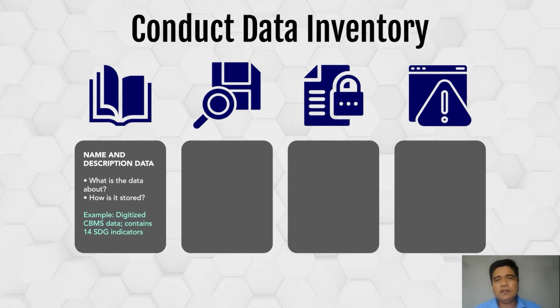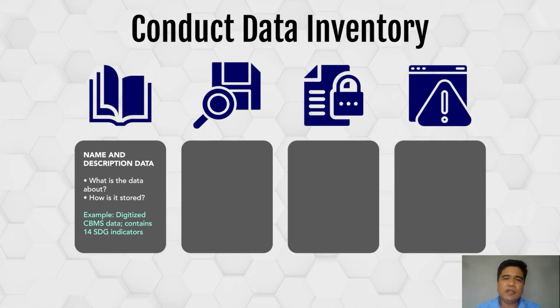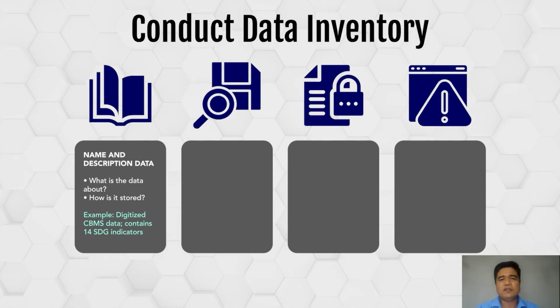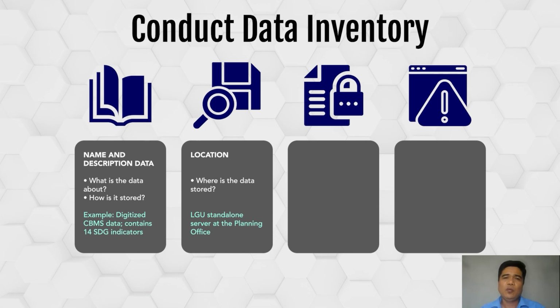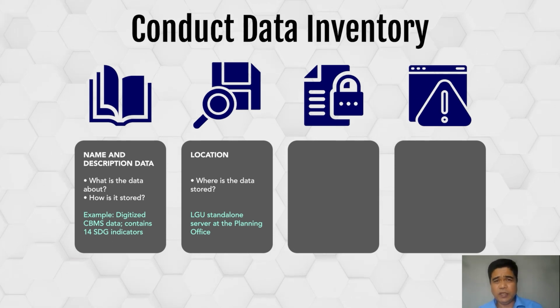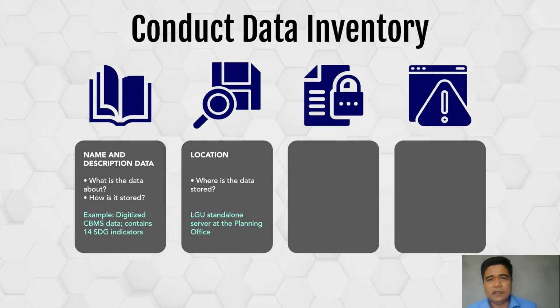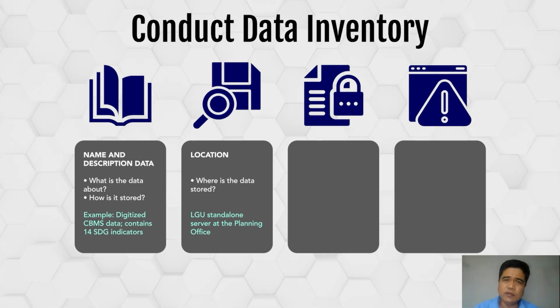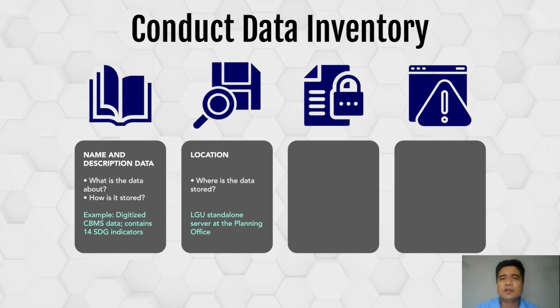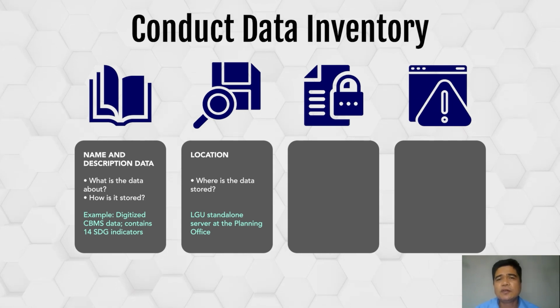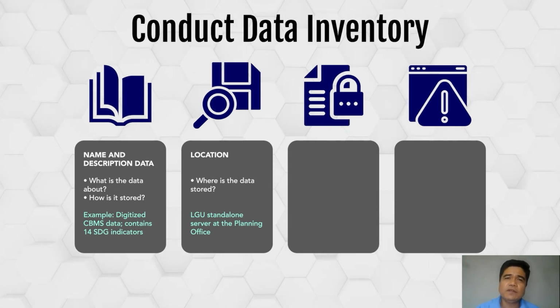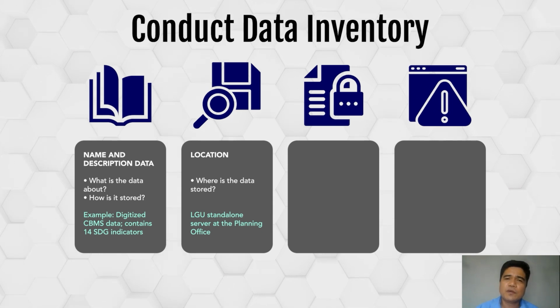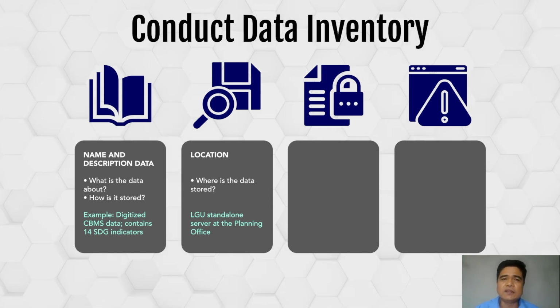And then an inventory of the data also contains location. Where is the data stored? It could be in a server, standalone server at the planning office, or it could be in a computer of a particular employee or the focal person, or they could be in the barangays.